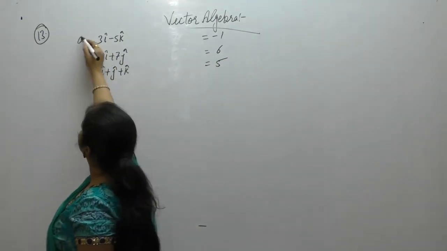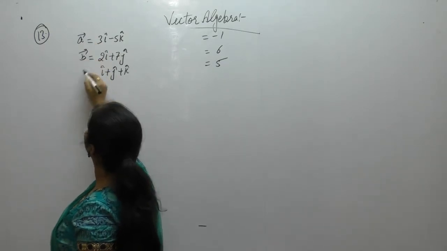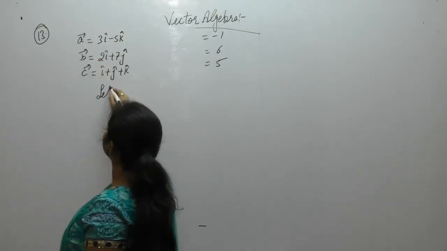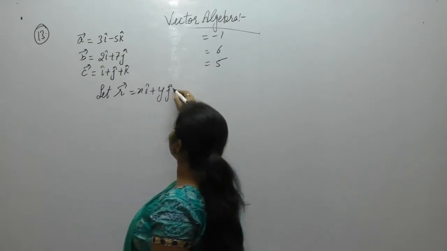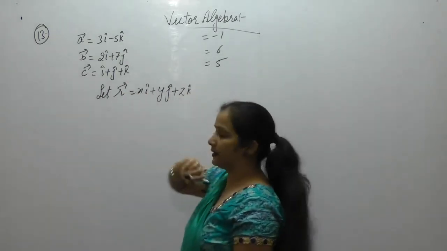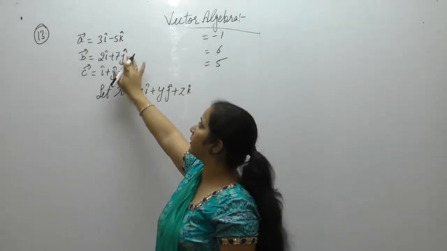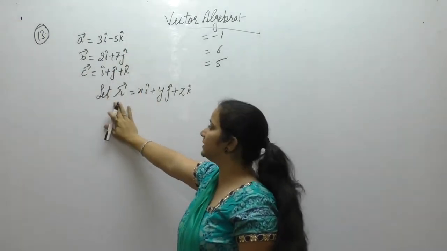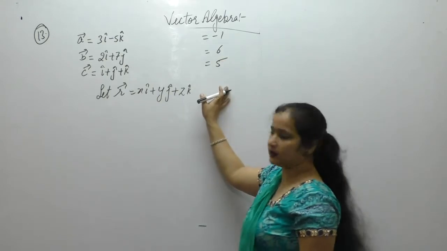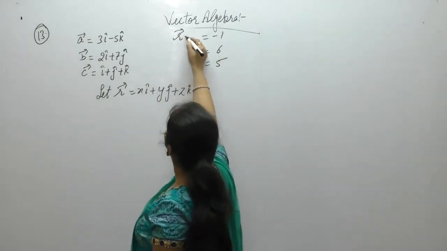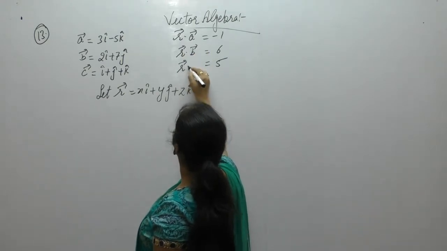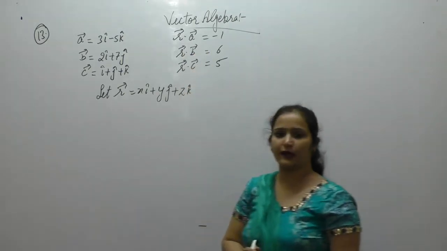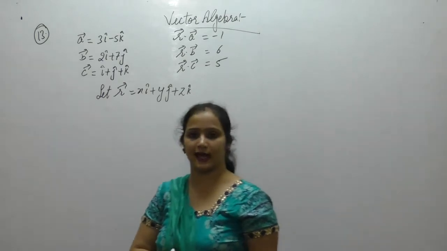Let this is vector A, B and C. Let R vector is xi plus yj plus zk. Now we have given that dot product of these vectors with this vector has value this. It means R dot A vector, R dot B and R dot C has value minus 1, 6 and 5.